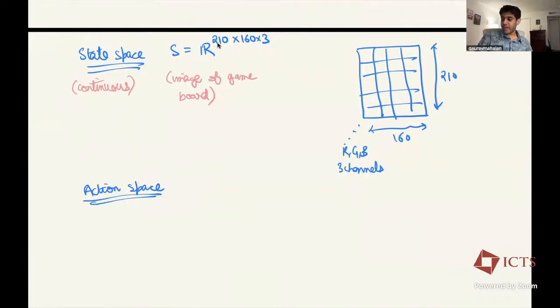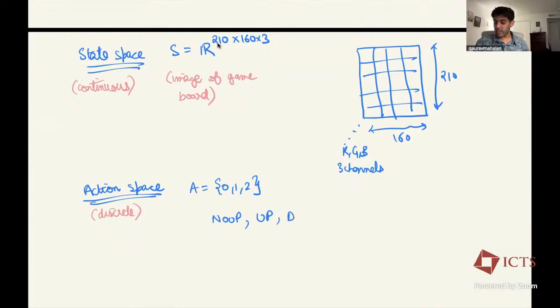The action space is pretty chilled out. You have discrete actions, only 3 actions: 0, 1, 2. 0 means you do nothing, you stay in your place. Up means you go up, and down means you go down.